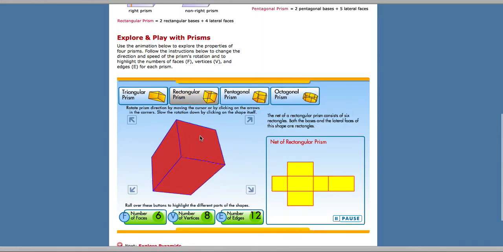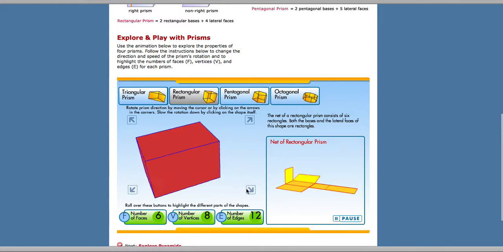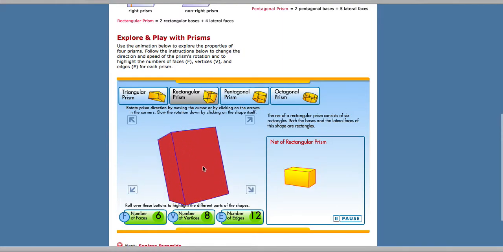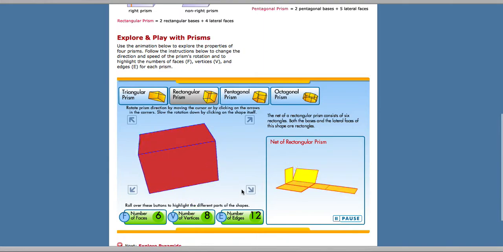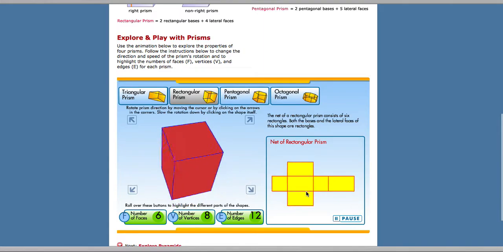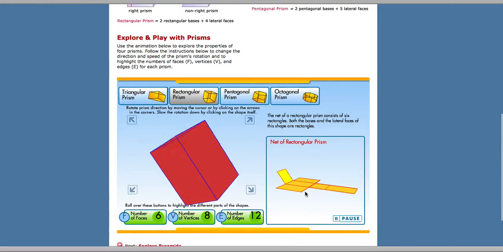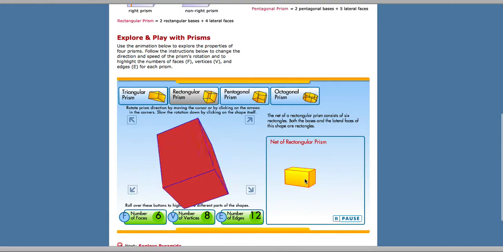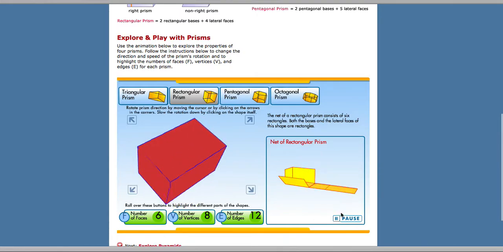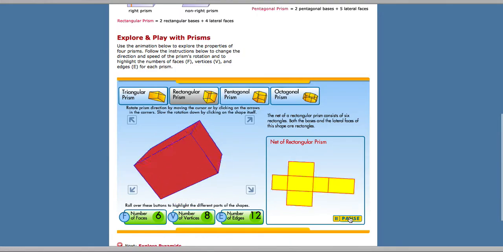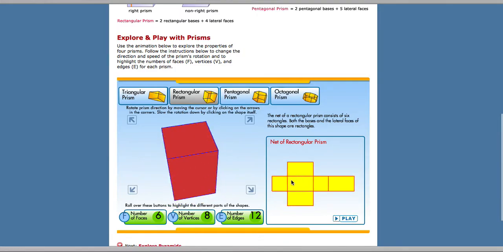And this is what we just talked about, a rectangular prism, because the shape of the base is a rectangle right there. Okay? And this is the net of a rectangular prism, meaning if you open up all the faces, this is what the net will look like. And let's see, I'll pause it right there. So this is the net of a rectangular prism.